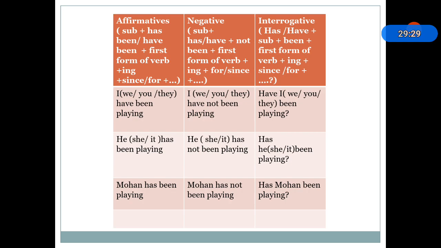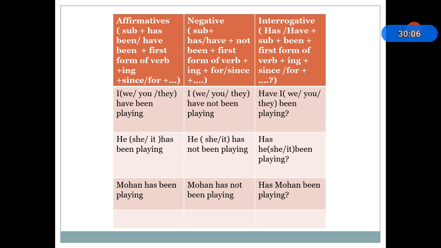Example, I have not been playing, we have not been playing, you have not been playing, they have not been playing. Next is he has not been playing, she has not been playing, it has not been playing. Third example, Mohan has not been playing.